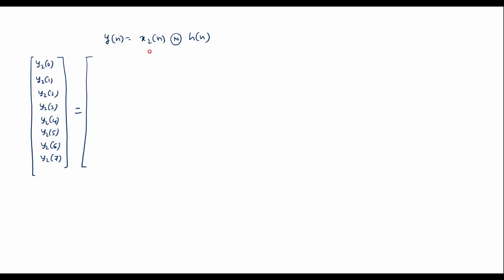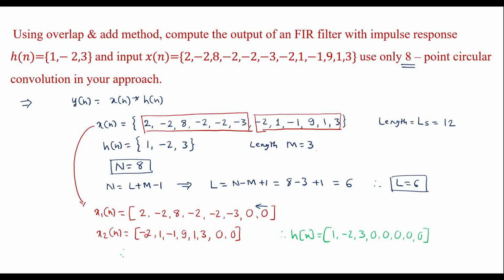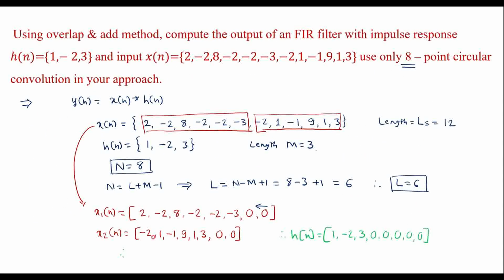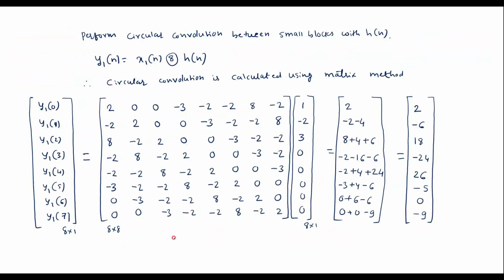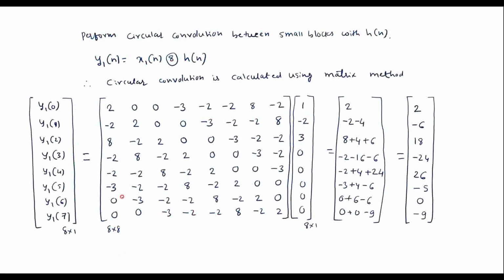So now write x2 of n sequence vertically. x2 of n is minus 2, 1, minus 9, 9, 1, 3, 0, 0.